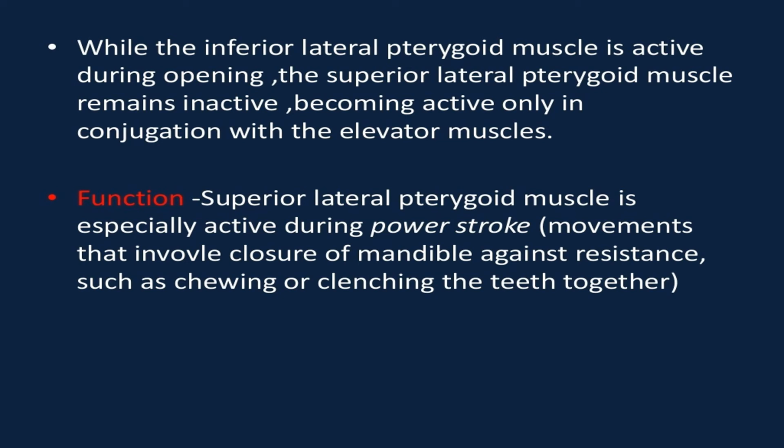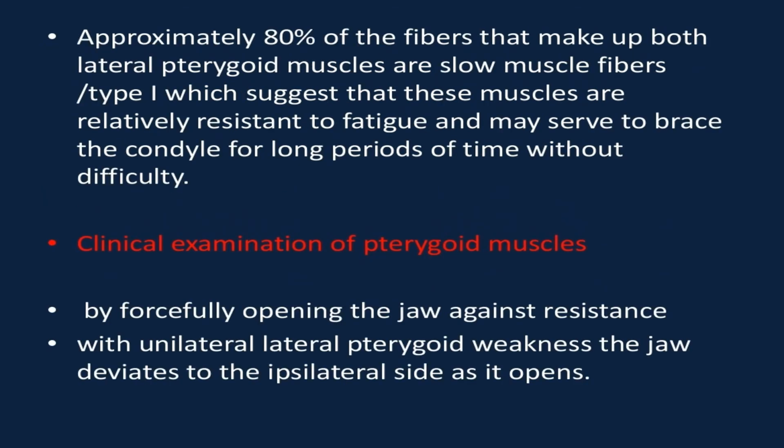While the inferior lateral pterygoid muscle is active during opening, the superior lateral pterygoid muscle remains inactive, becoming active only in conjunction with the elevator muscles. Function: superior lateral pterygoid muscle is especially active during power stroke, movements that involve closure of mandible against resistance, such as chewing or clenching the teeth together.